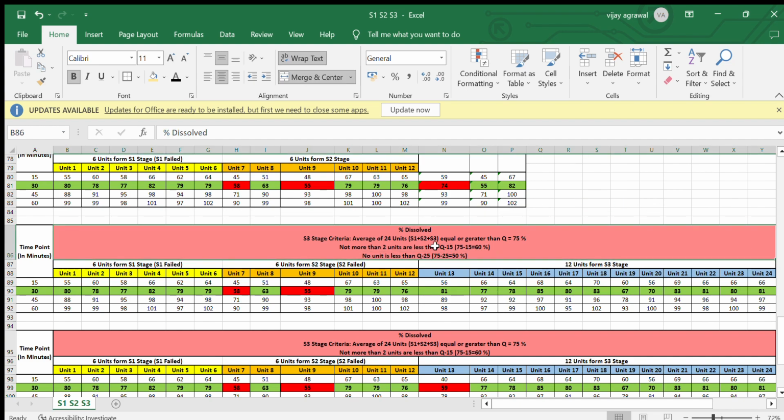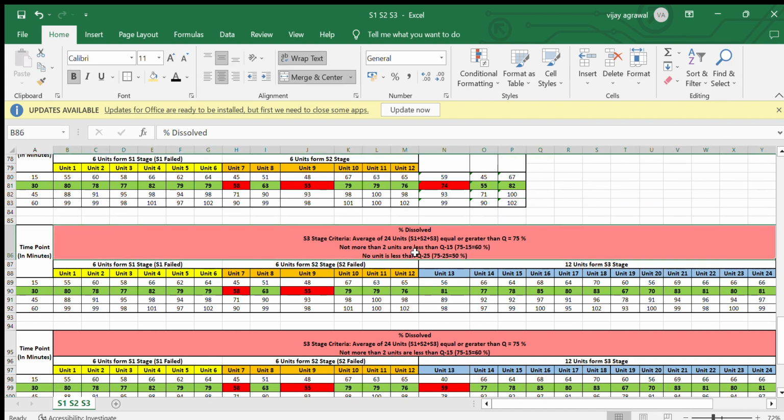So S3 stage says that average of 24 units, that is S1 plus S2 plus S3, is equal to or greater than 75%. Not more than 2 units are less than Q minus 15. Not more than 2 units. See, there is a relation between the S1, S2 and S3.